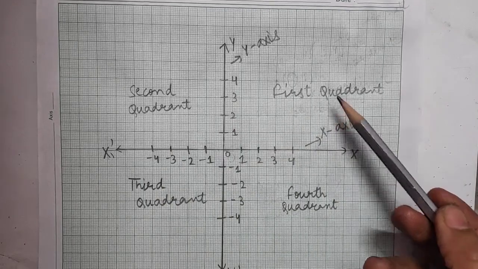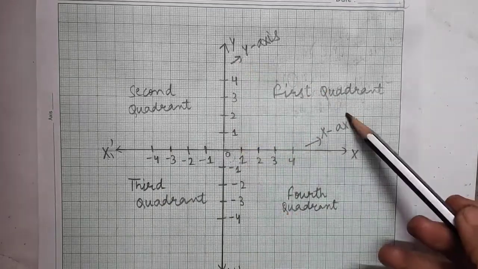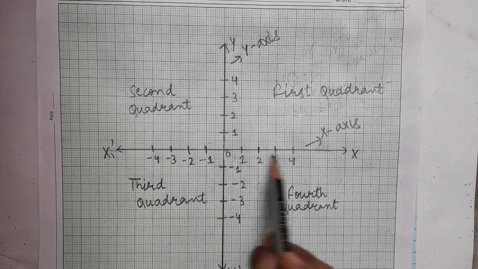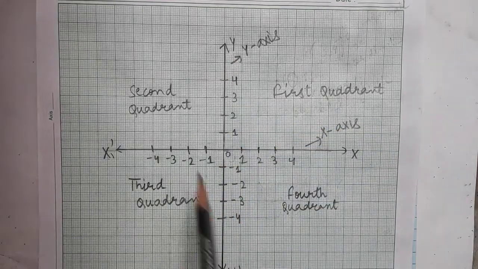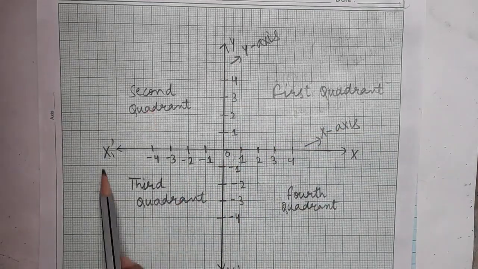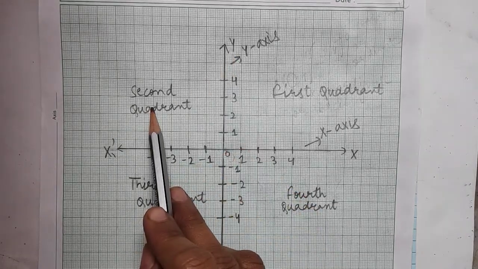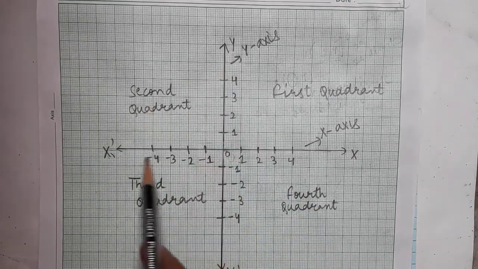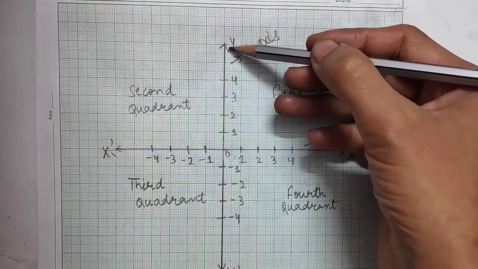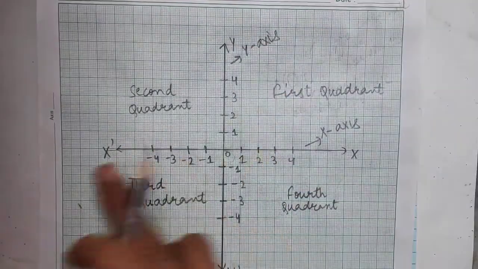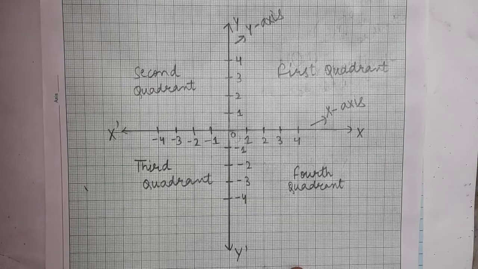This is the first quadrant. X, O, Y is the first quadrant, where you can see x and y both are positive. This is the second quadrant, that is X dash O, Y, and you can see x is negative here but y is positive. It is clearly shown on the axis.